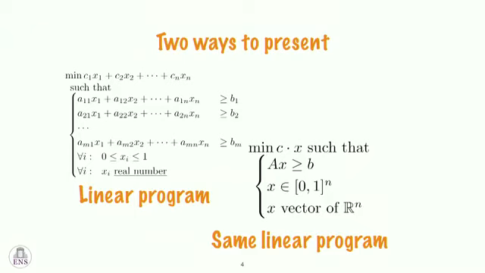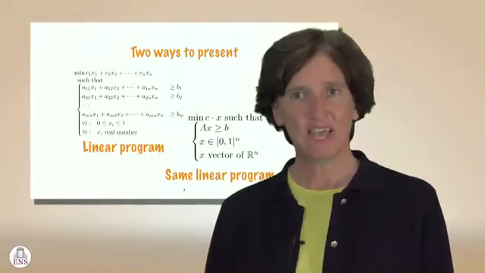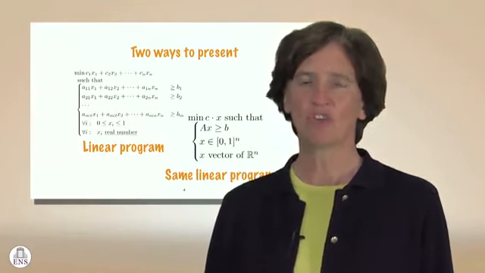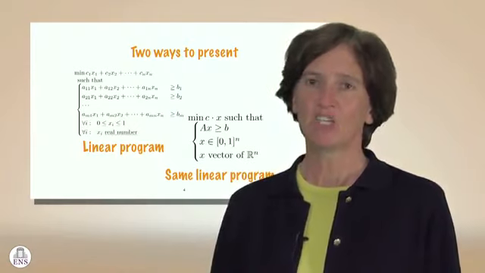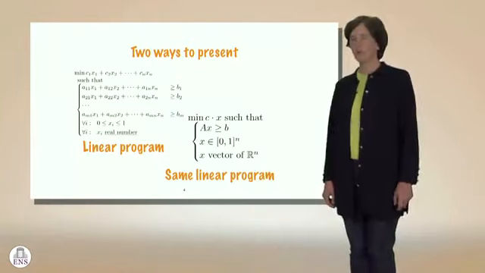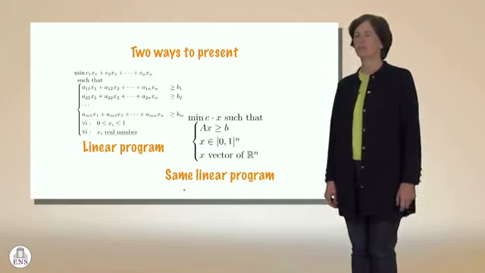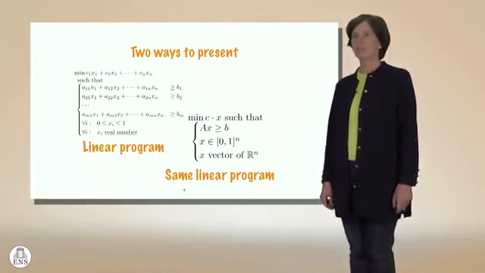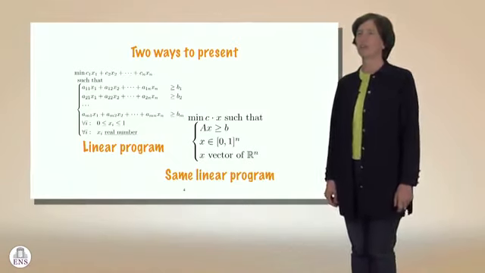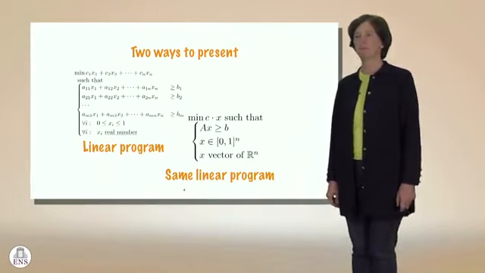Similarly, the constraints can be written more compactly using a matrix. Matrix A with m rows, n columns, coordinates aij. Matrix A applied to vector x must be greater than or equal to vector b. b is a vector in Rm, m-dimensional space, with coordinates b1, b2, bm.